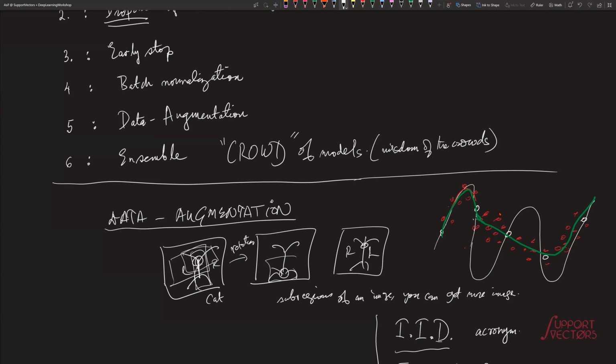Can you do data augmentation with tabular data, or is this just strictly for imaging? You can do that with interpolation, right? Obviously all of these things are fraught with a bit of danger. You look at the feature space, and if you can get an idea, again, this is a circular argument.